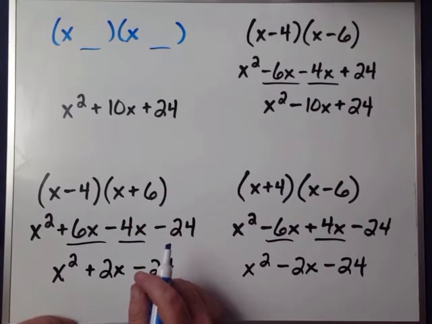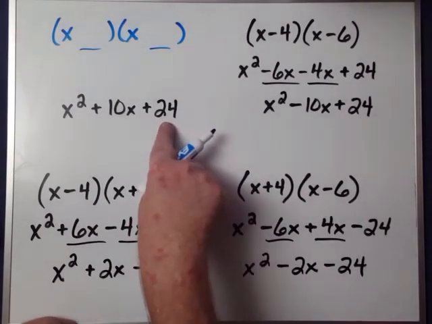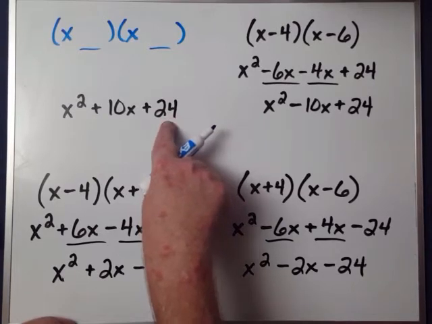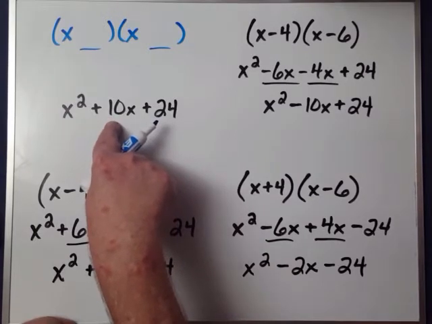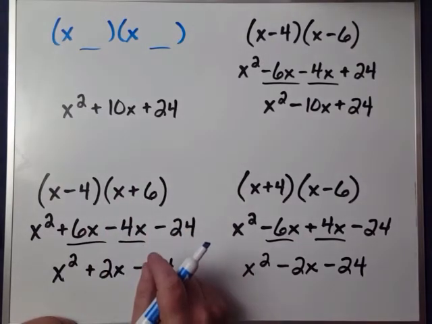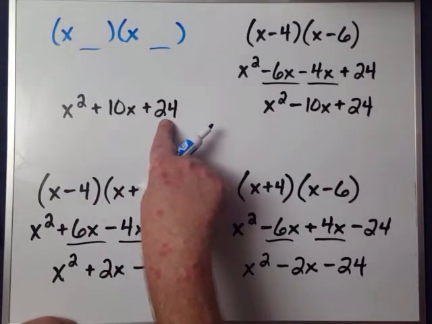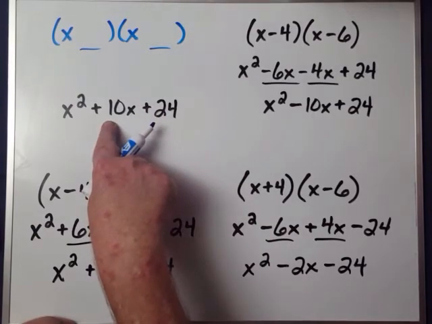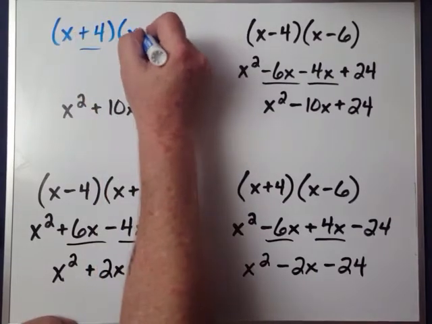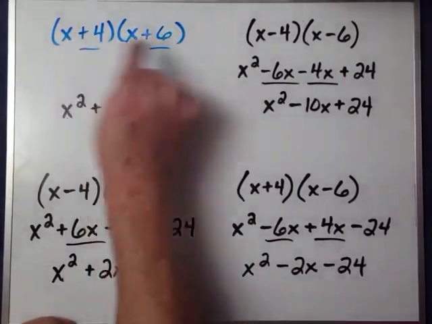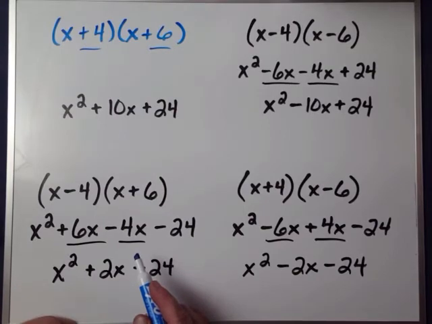I'm looking for two numbers that when you multiply them together, they give me this numeric term, this 24. And when I add them together, they give me the coefficient on x, this 10. Can I think of any two numbers that multiply to give me 24, and at the same time, those same two numbers add up to give me 10? How about a positive 4 and a positive 6? And then, of course, I can check that by foiling, which we've already done.